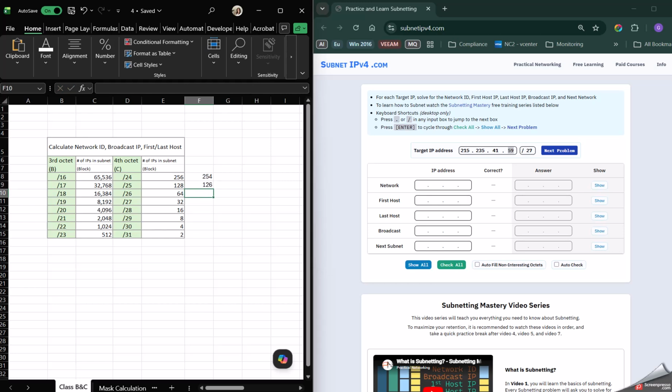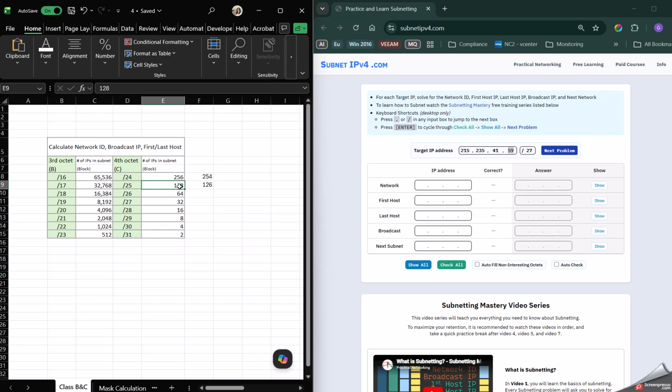Moving on. Going from /24 to /25, a /25 just means that we take a /24 and we divide it into two equal parts. So half of 256 is 128. A /24 is two /25s.